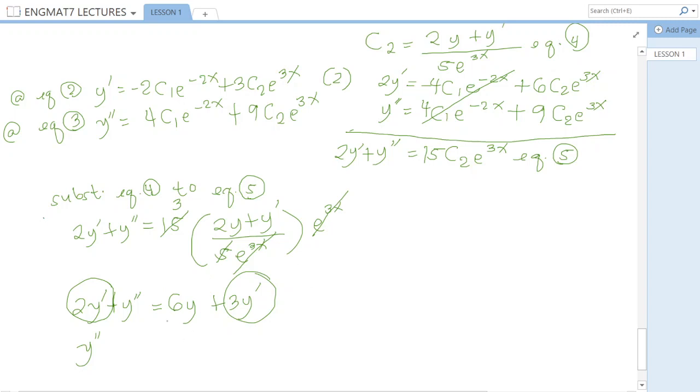That will become negative 3y prime, so 2y prime minus 3y prime, let us just carry the negative sign, negative y prime, and let us transfer this 6y to the other side also. That will become negative 6y is equal to 0. That is our final answer. So that is our discussion for the elimination of arbitrary constants.